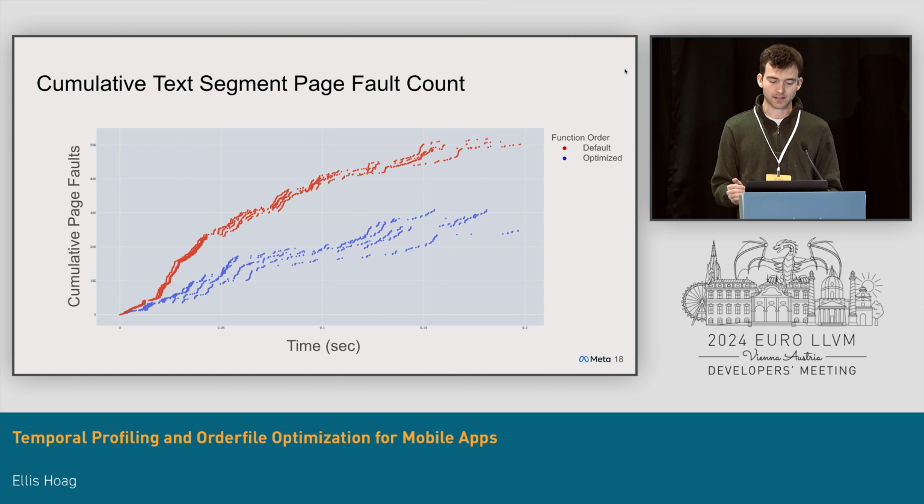So the higher the point is, the more page faults we've seen, and the longer startup is going to take. In red, we have the base binary, and in blue, we have the ordered binary. And you can clearly see that the ordered binary gives you fewer page faults throughout startup.